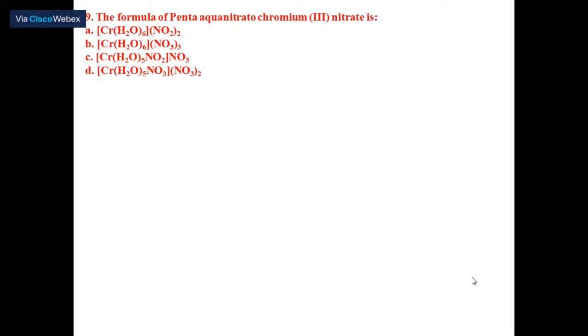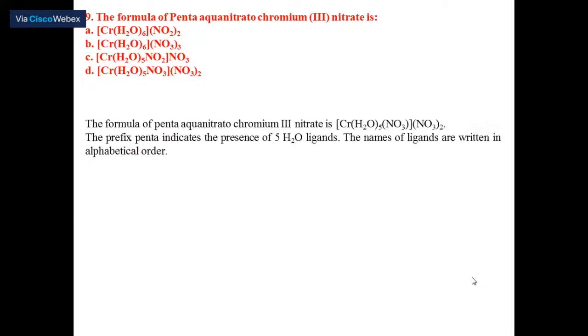Here aqua and nitro are there, so first you name aqua, followed by nitro. Let's see. Which is the correct formula for the coordination compound penta aqua nitro chromium(III) nitrate?